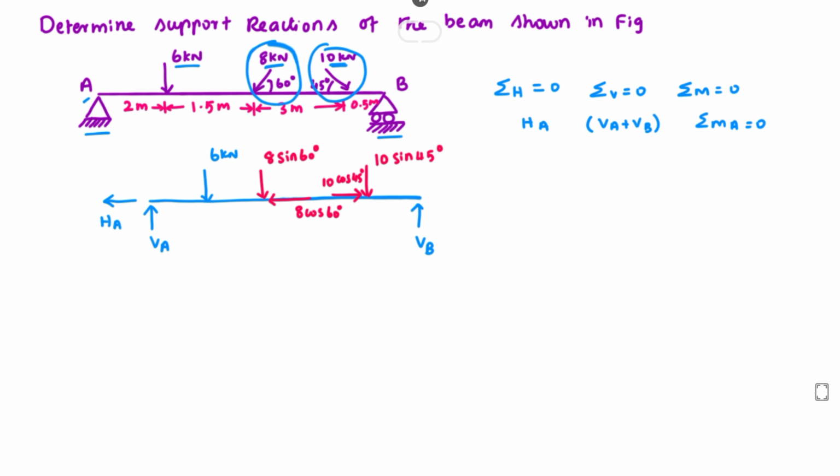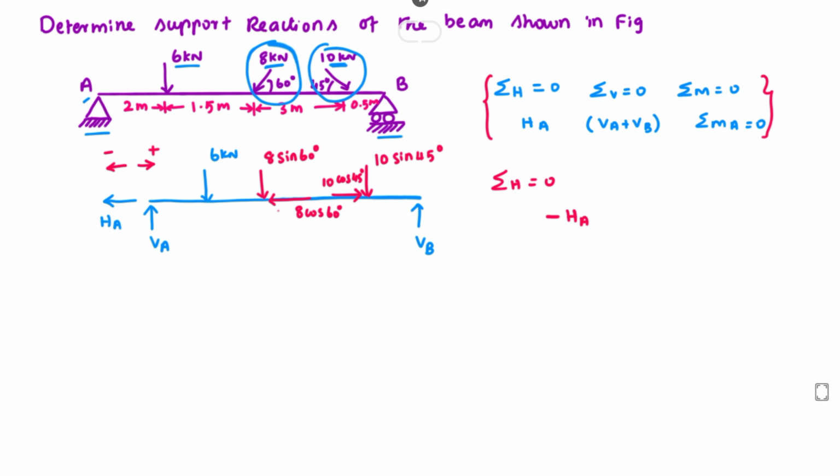Now we can apply these equilibrium equations. The first equilibrium equation: sum of horizontal force equal to 0. Here the horizontal force HA is there, and this HA is in the negative direction. If this direction is positive, then this direction is negative. So we take minus HA.